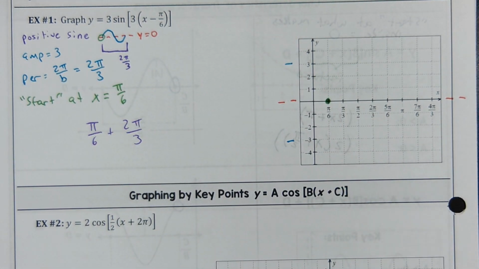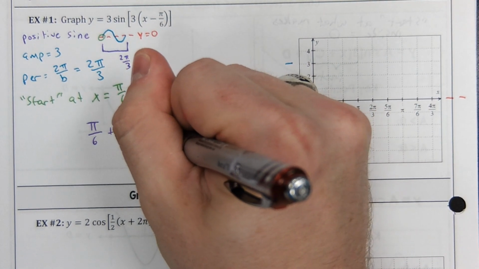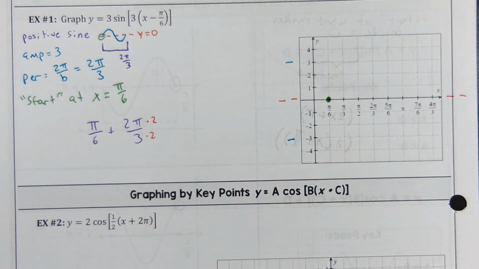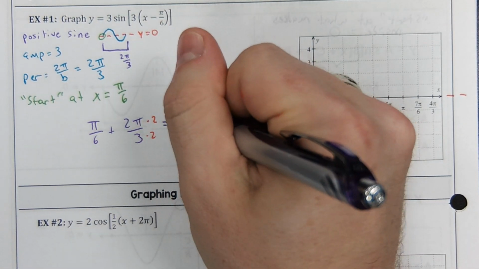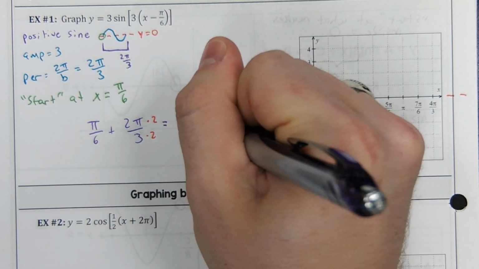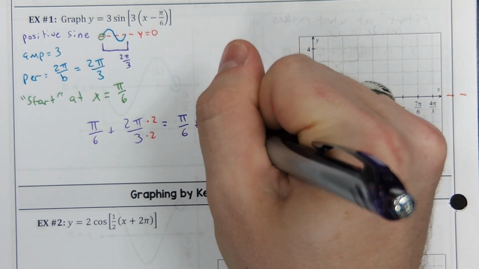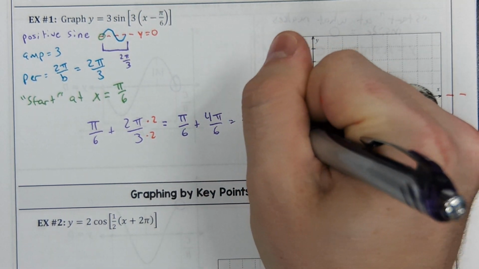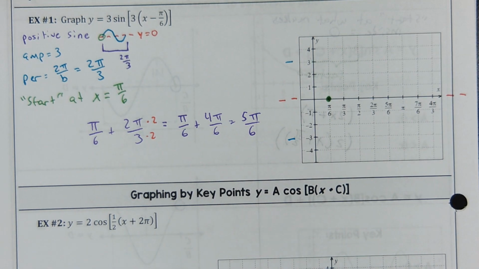Oh man, elementary school math. I need a common denominator. Oh, that wave will come to an end at 5 pi over 6.